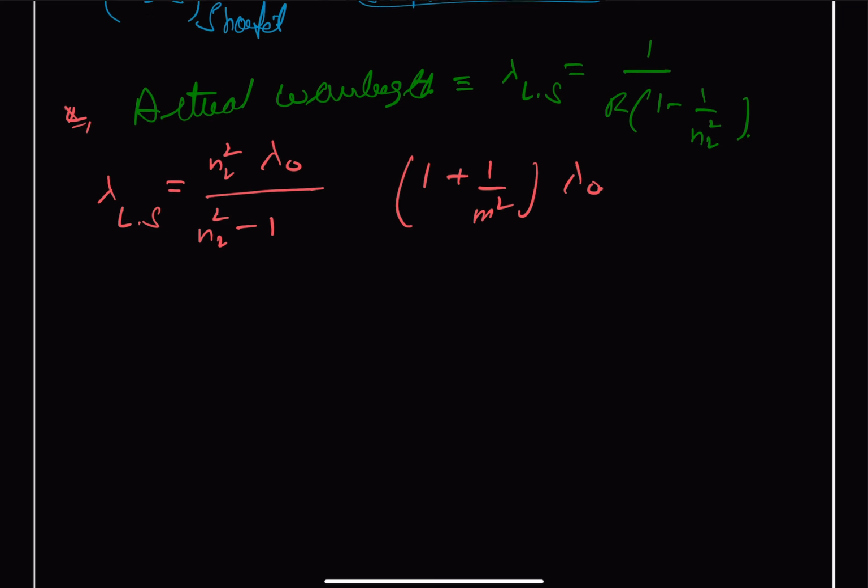Even if we make a one-to-one comparison, from here we can say that 1 minus 1 upon n2 square is not equal to 1 plus 1 upon m square.